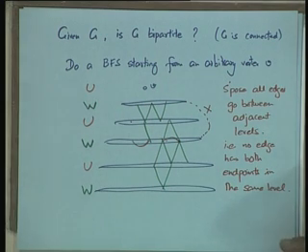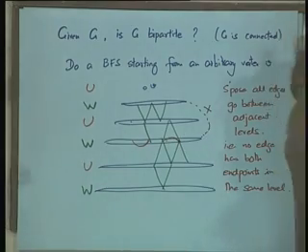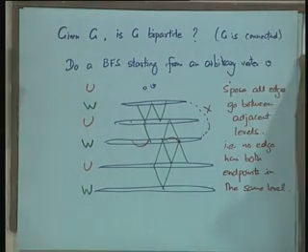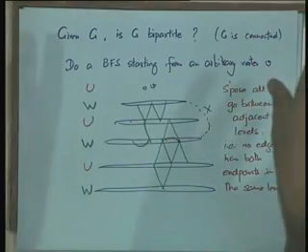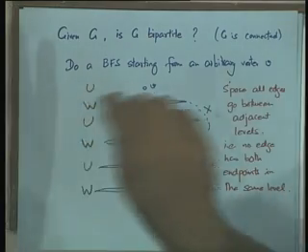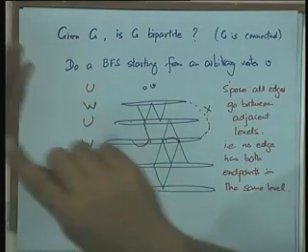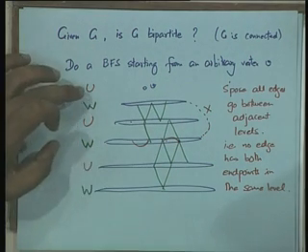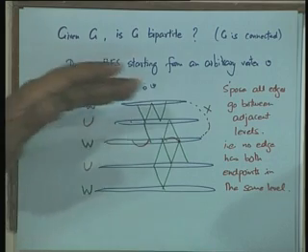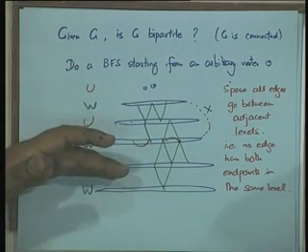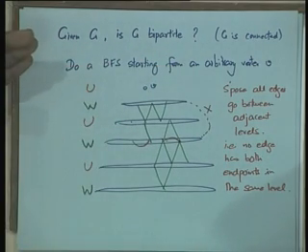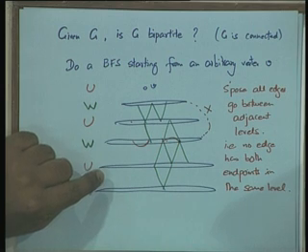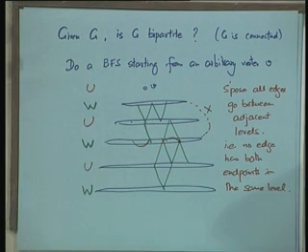After all, to convince you that the graph is bipartite, what do I have to do? I have to show you a partition of the vertices such that every edge has its endpoints on the two sides of the partition. So now, if I do my partition in this manner, ये u side है, ये u side है, ये u side है, then every edge is going from a vertex on the u side to a vertex on the w side.